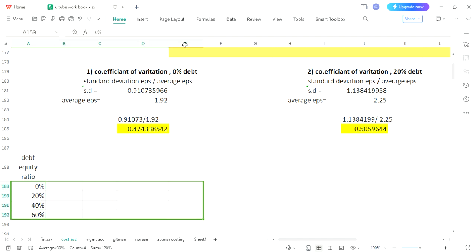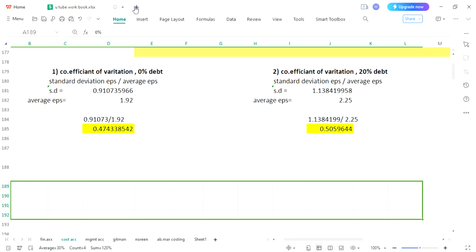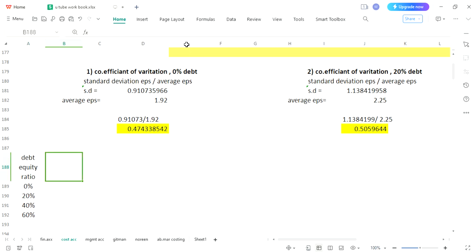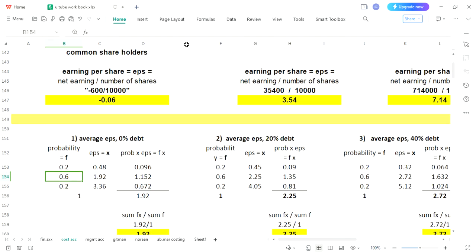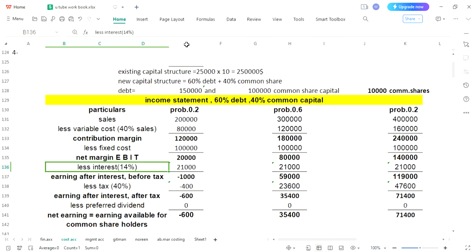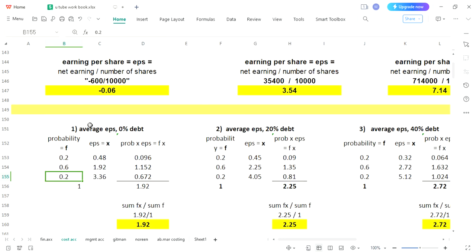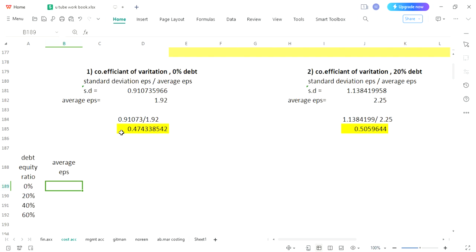After which you have calculated your average EPS. Average EPS was calculated. Look over here. Average EPS were calculated and we are now going to put them over here.